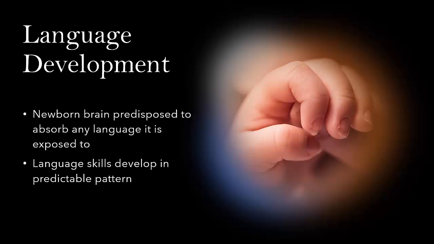Language skills tend to develop in a very predictable pattern as long as a child is developing healthily. Obviously, there can sometimes be issues where they may need to see a speech pathologist or whatever. But in general, a baby that's developing healthily will follow this pretty predictable pattern. Your textbook lays out quite a bit of detail about it, and I don't have them all memorized.